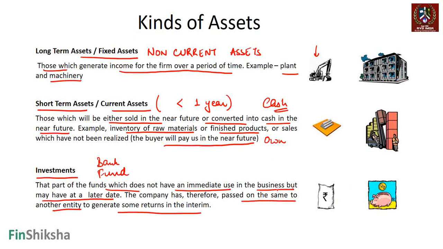You could give it to someone else as well who can use that money and generate some returns. That's the second part of it, which is called investments, right? So either you will have long-term fixed non-current assets, short-term or current assets, or the remaining part would be in the form of some investments. There are some minor classifications in addition to this as well, but we will look at them separately at a later point of time, not immediately needed for us.